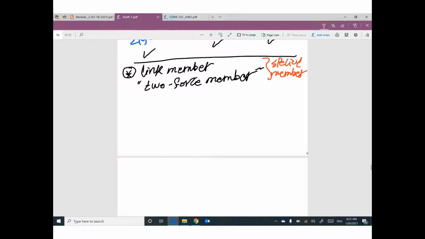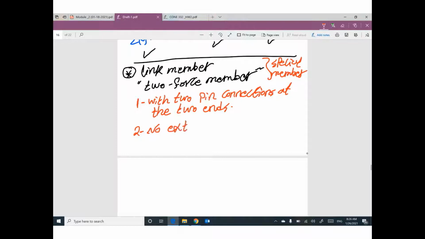Two force member is a member with two pin connections at the two ends, and no external loads applied directly on this member.